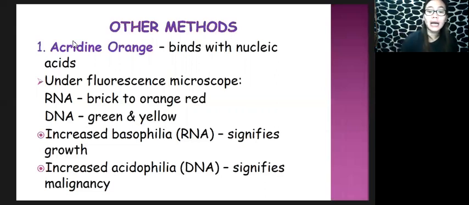In contrast, increased acidophilia means that there is a predominance of your green and yellow color. This signifies abnormal proliferation seen in malignancy. Increased acidophilia, what color is predominant? Green and yellow, which signifies malignancy. Increased basophilia, what are the predominant colors? Brick to orange-red, which signifies normal growth.